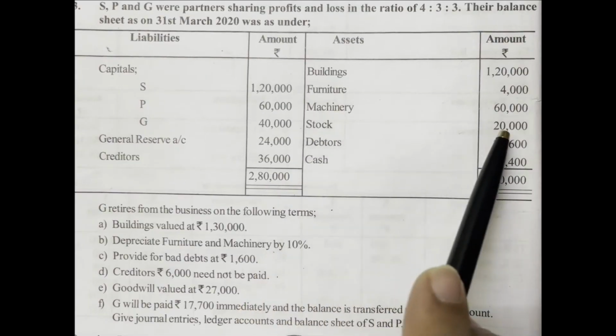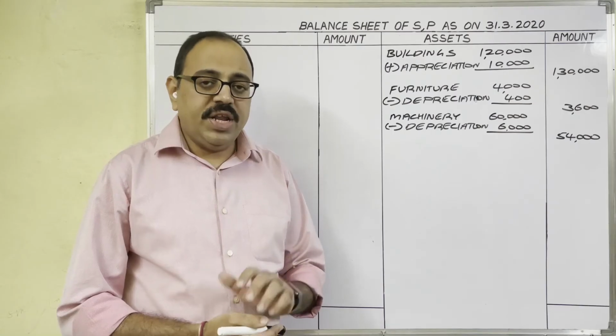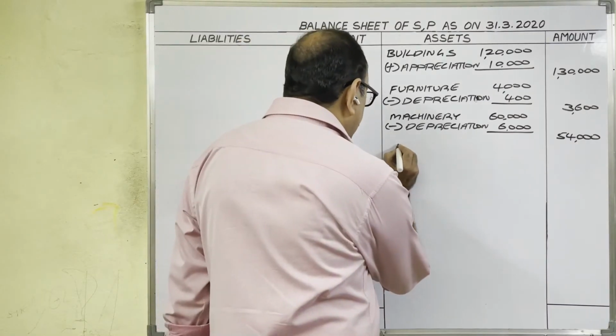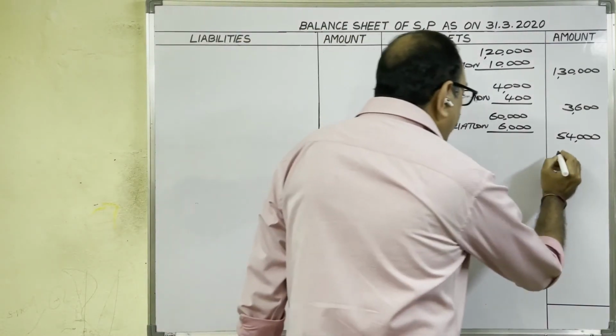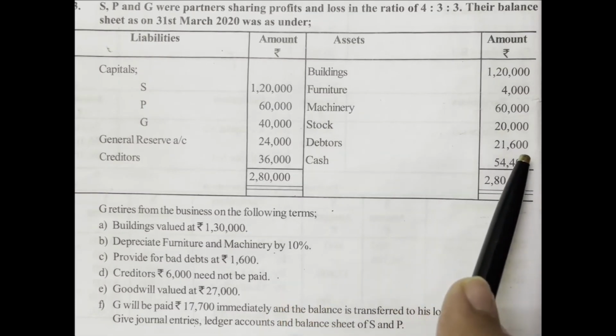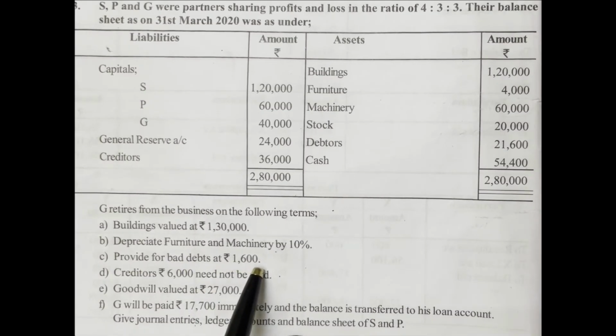Next, stock 20,000 rupees. And here there is no adjustment related to stock. Stock 20,000. There is no adjustment for stock now. Stock 20,000 rupees. Next, debtors 21,600 rupees. Adjustment C. Provide for bad debts at 1,600 rupees.